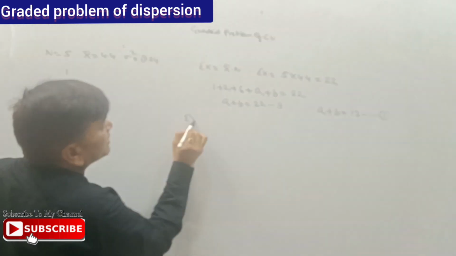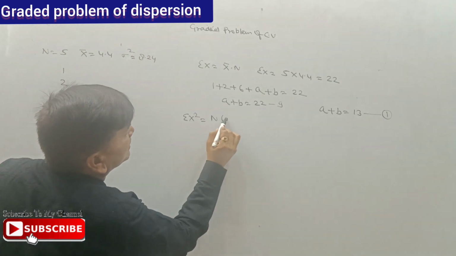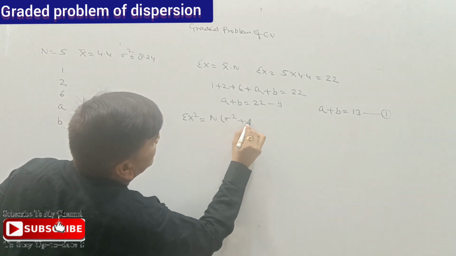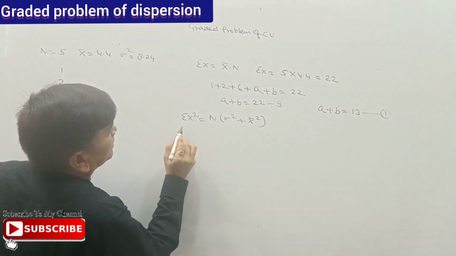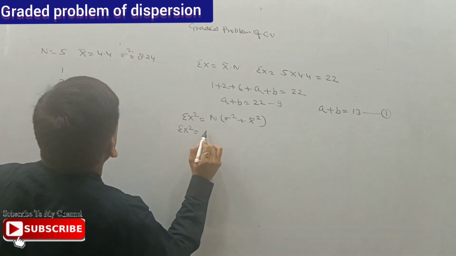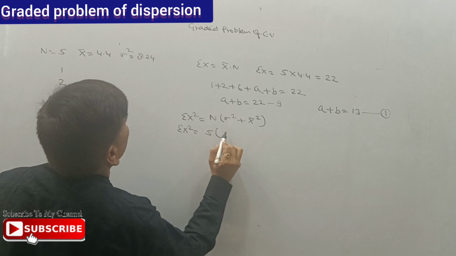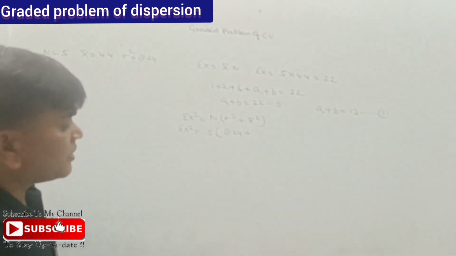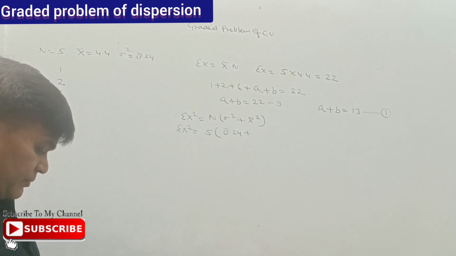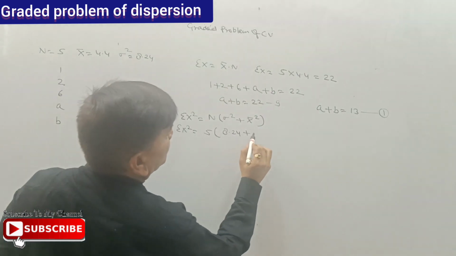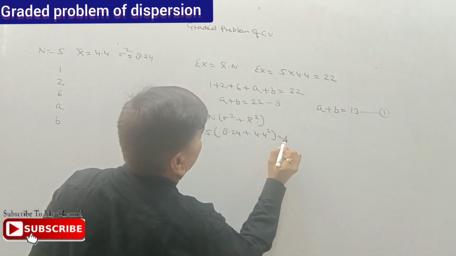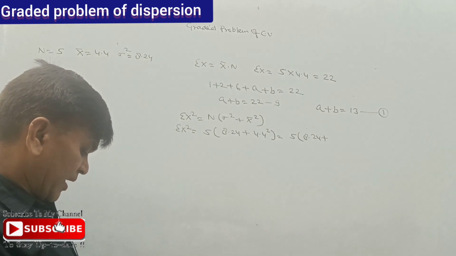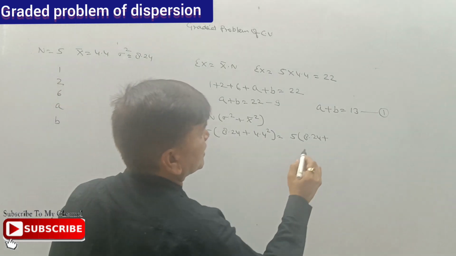Now the value of sigma x square is n times (standard deviation square plus x bar raised to power 2). The value of n is 5, standard deviation square is 8.24, and x bar square is 4.4 multiplied by 4.4, that is 19.36.